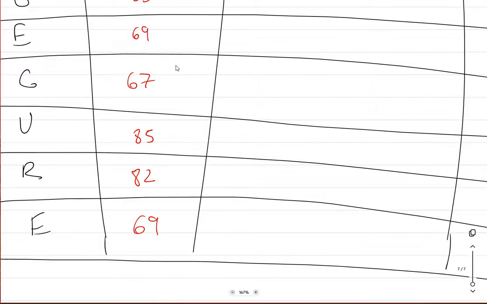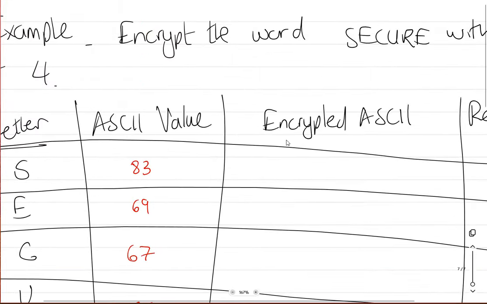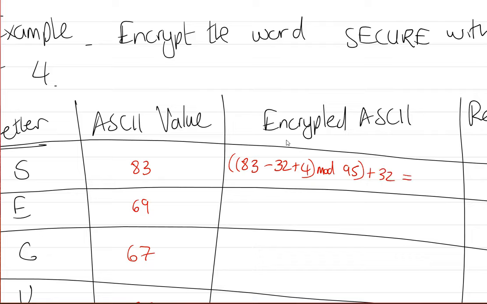Okay, for the encrypted values, use the encryption algorithm. It becomes 83 minus 32 plus 4, modulo 95, plus 32, which is equal to 87.